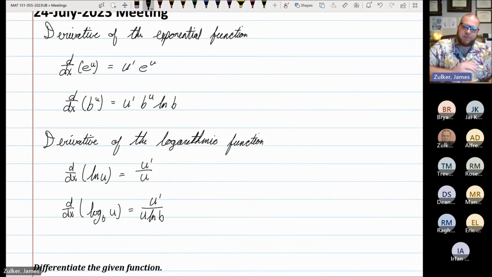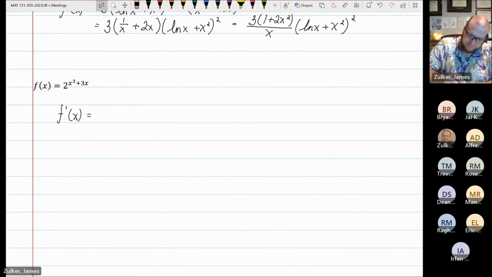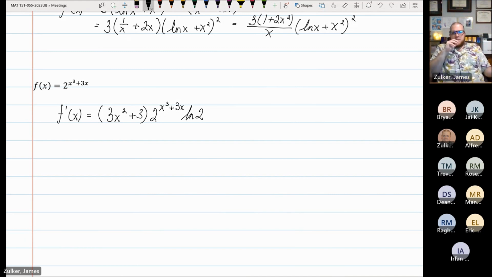All we need to do now is multiply that by the derivative of the exponent, which is 3x squared plus 3. And there's our derivative.